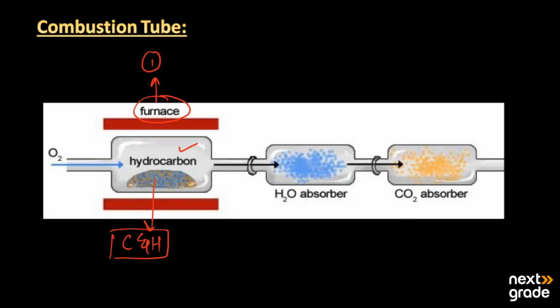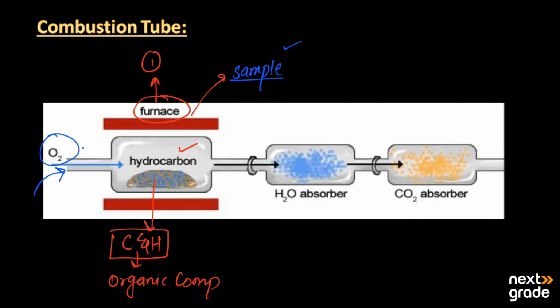Here we keep the organic compound, or we can say the sample, and that sample is unknown; we don't know its percentage composition. From there we apply the oxygen gas. Then the hydrocarbons start to burn in the presence of excess oxygen.